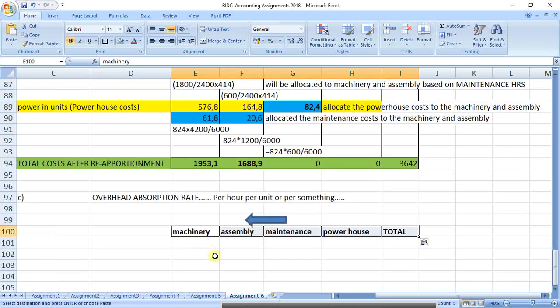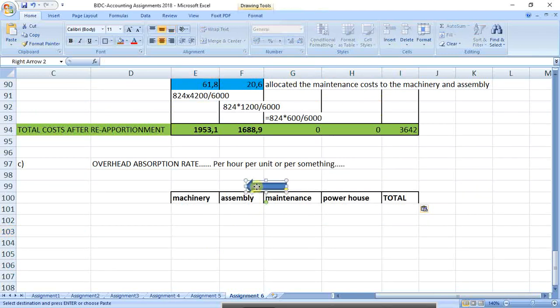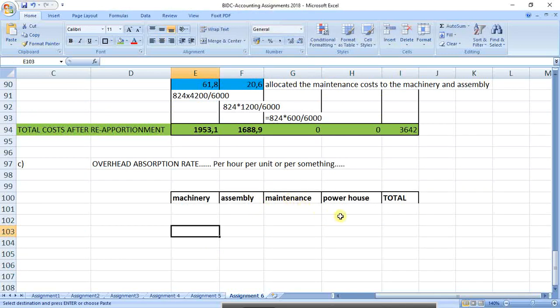So let's write down those headings again. Machinery, assembly, maintenance, powerhouse, total. This question is only looking at the overhead absorption rate. So I need to know what costs are overheads. Let's write down the costs.